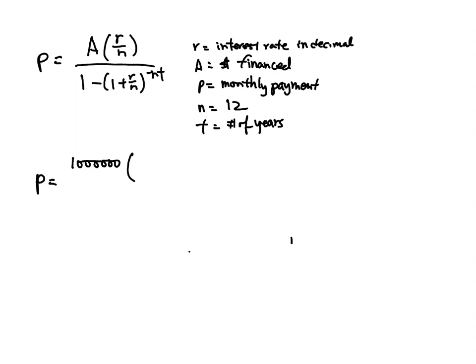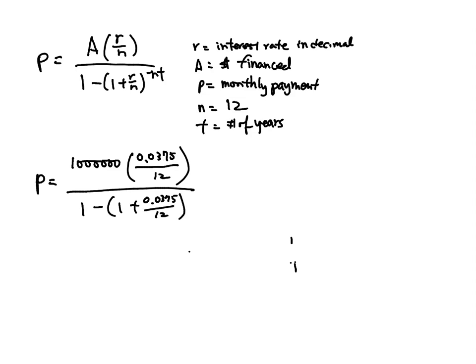So $1,000,000 times 0.0375 divided by 12, all over 1 minus 1 plus 0.0375 divided by 12 raised to negative 12 times 30.